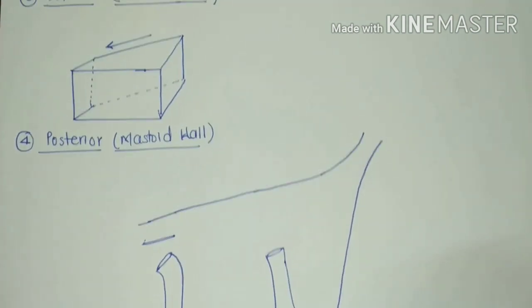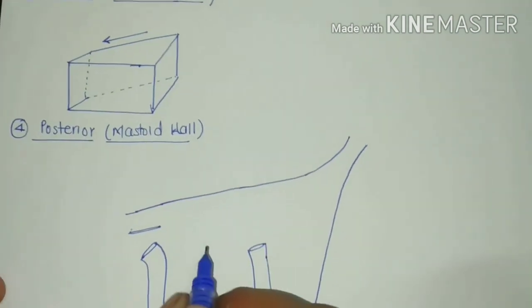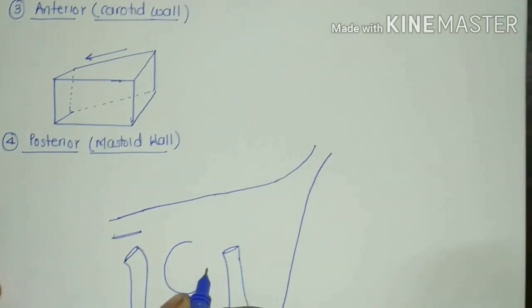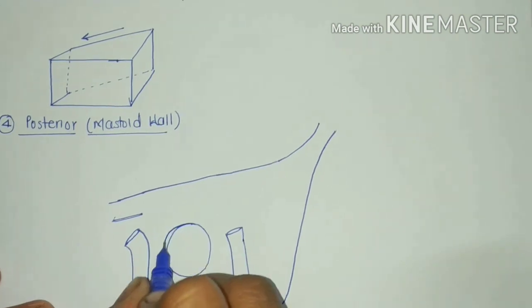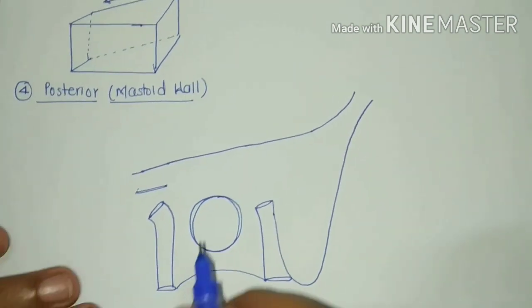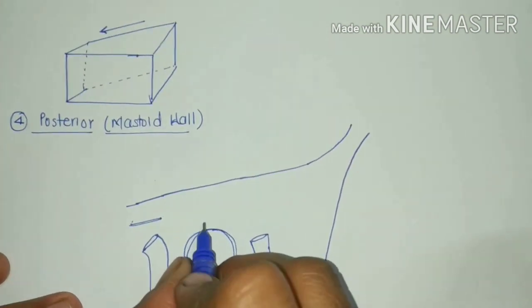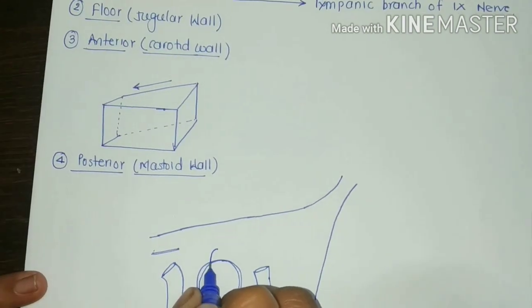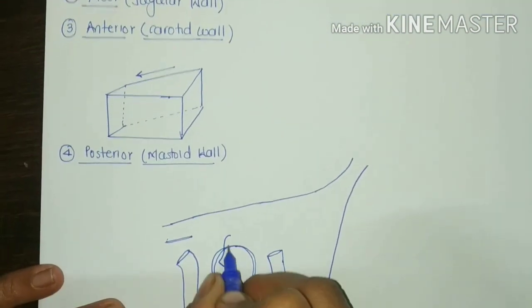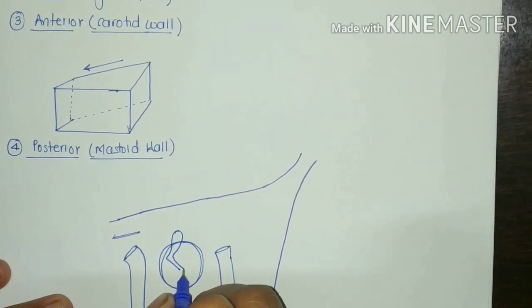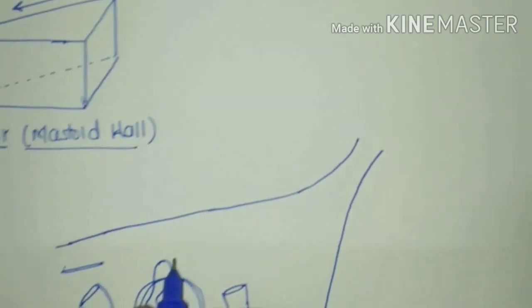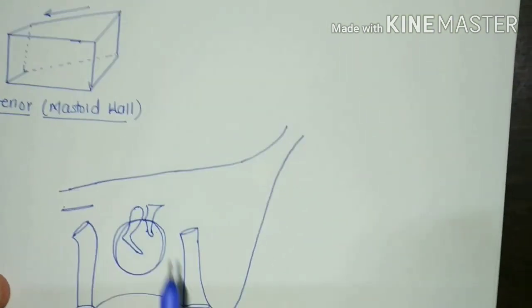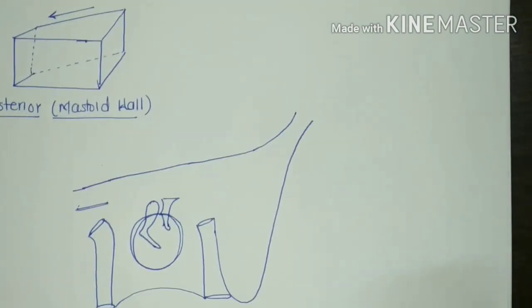Clear? Now as this is the lateral wall, we are going to see the tympanic membrane over here, and we know that on the inner aspect of the tympanic membrane lie the ear ossicles that we have already seen. So this is the malleus with its handle and this is the incus, with its short process.